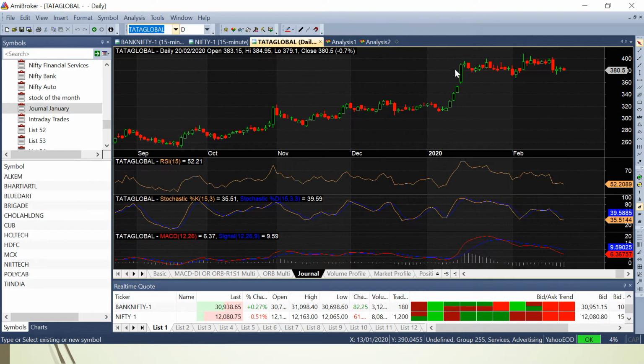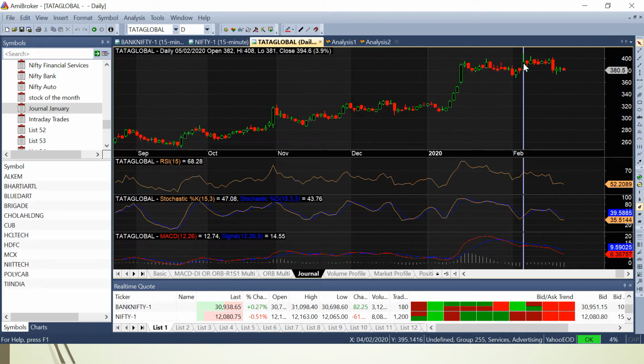Here in the current area, you have to observe how many price peaks have been made. This is one peak made by Tata Global on 15 January. Then it consolidated and made another, even higher peak on 23rd January. Then another higher peak here on 5th of February.